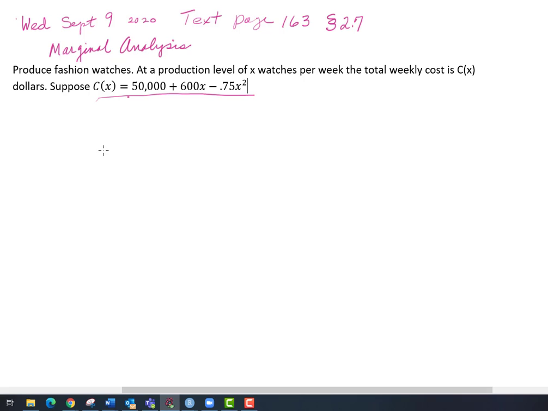Now, a reasonable question would be, how fast is this cost changing? So we could say, what would be the cost of producing 200 watches?